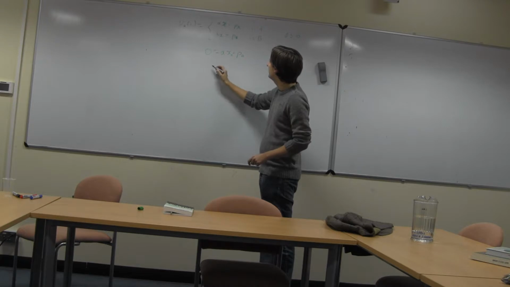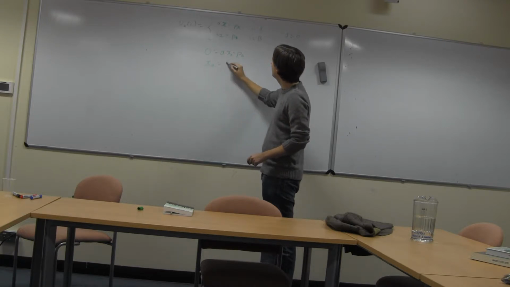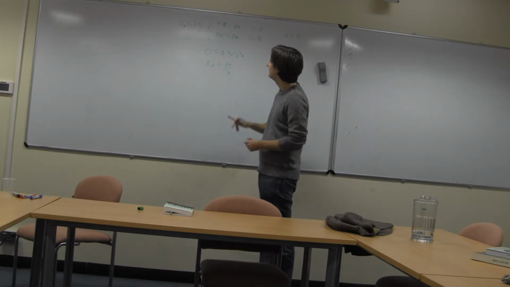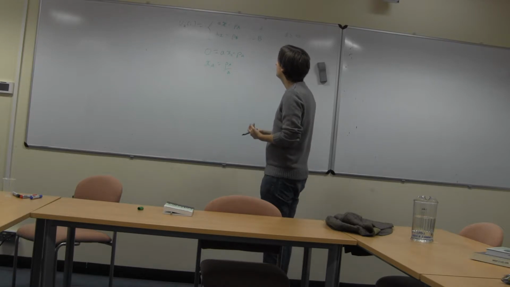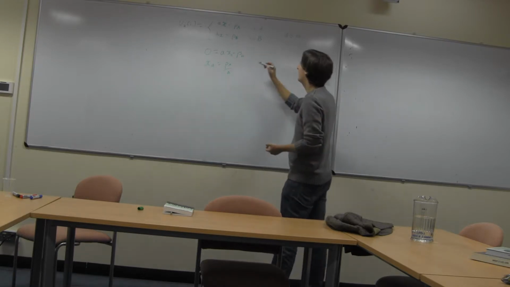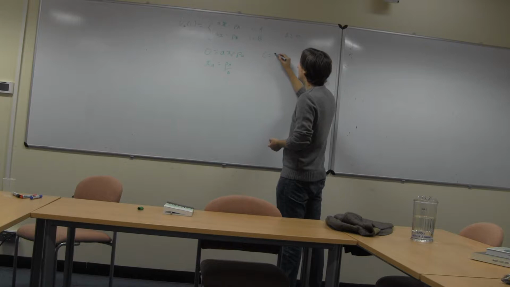Putting PA on the other side and dividing by A, we have XA is PA over A. And there could be an indifferent consumer for B as well. So XB is going to be PB over B.